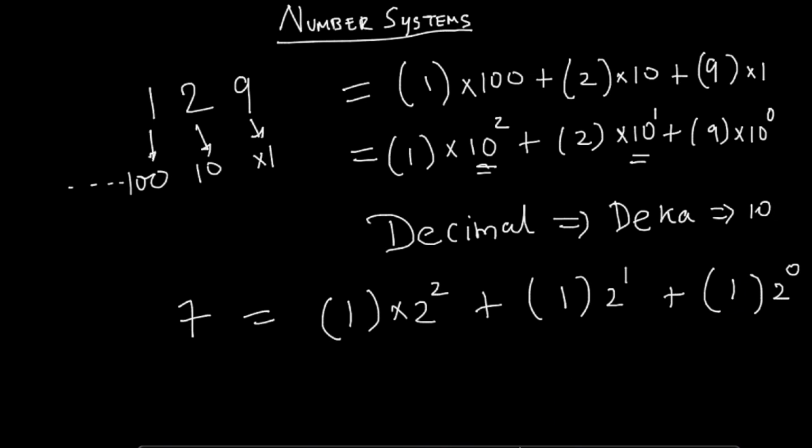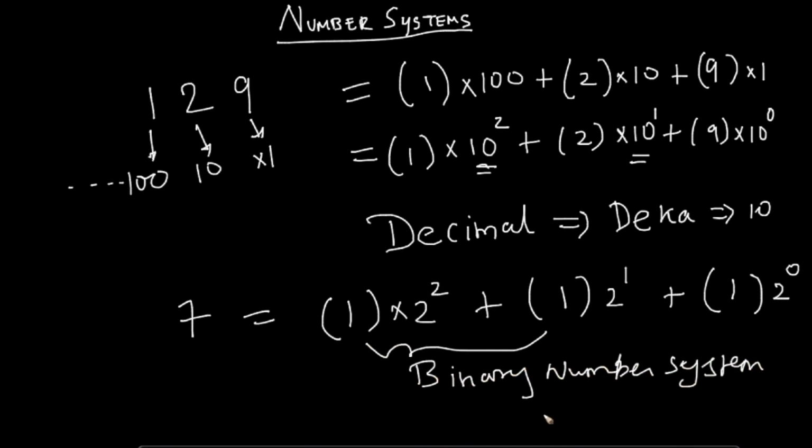So this will give me the number 7. This form of representing the numbers in powers of 2 is what we call the binary number system. Therefore, 7 in our decimal number system is equal to 1, 1, 1 in binary form.